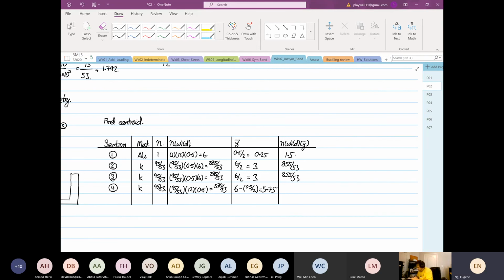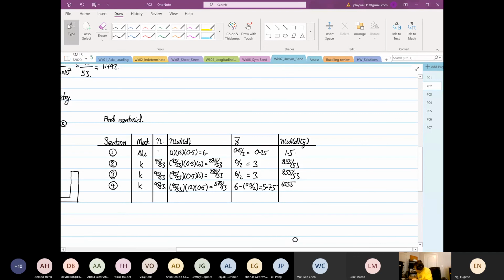So 570 over 53 multiplied by 5.75 is equal to 6555 over 106. Then you do the sum. So 6 plus 285 over 53 plus 285 over 53 plus 570 over 53 is equal to 1458 over 53. And then it's 1.5 plus 855 over 53 plus 855 over 53 plus 6555 over 106.